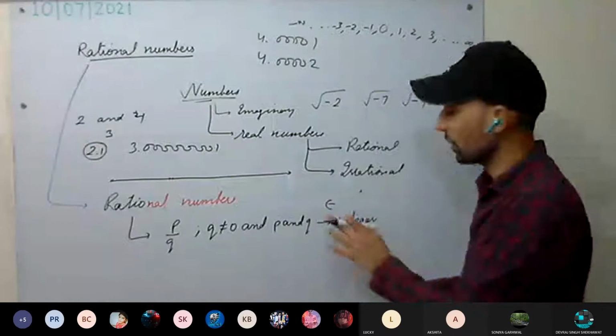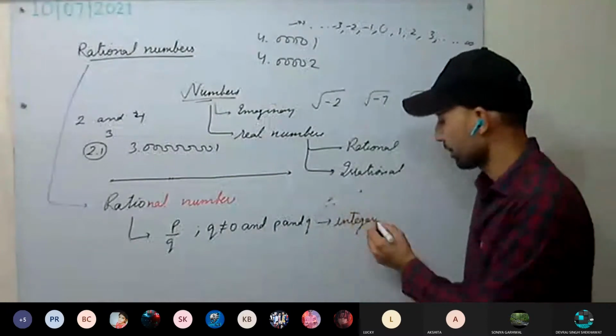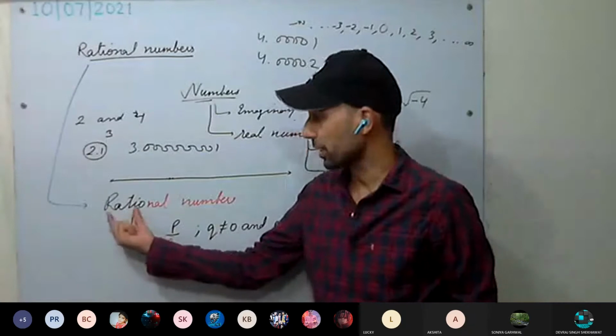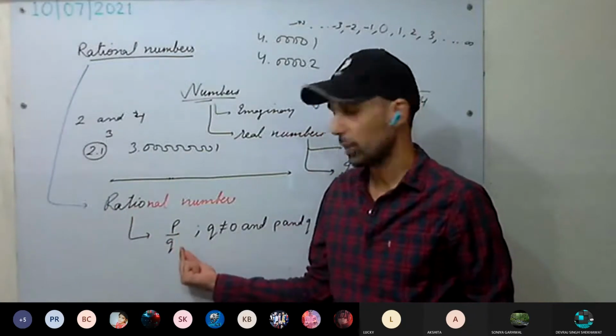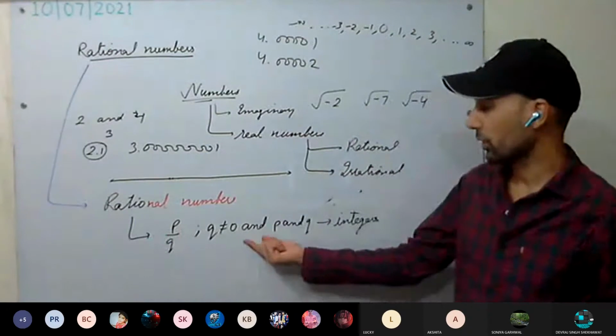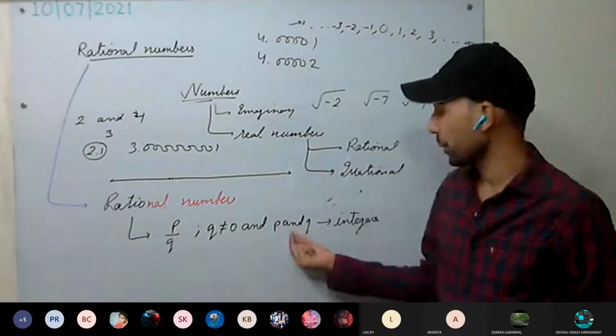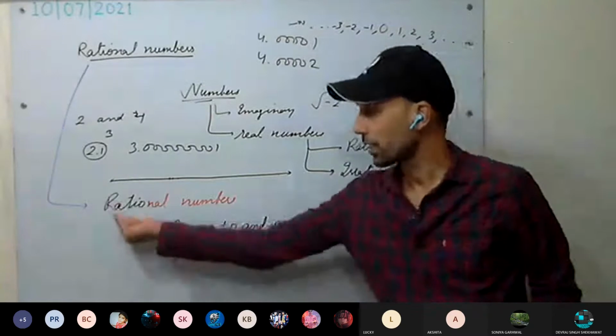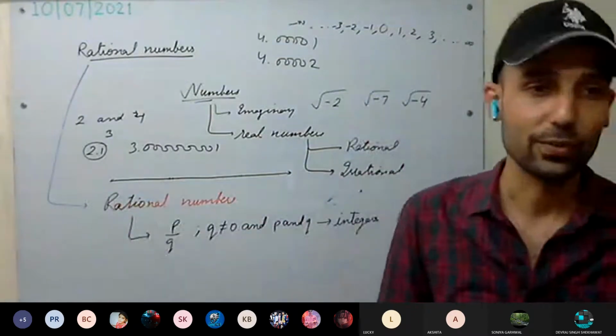This is the definition of a rational number. They can be expressed in the form of a ratio P by Q, denominator not equal to 0, and P and Q are integers.